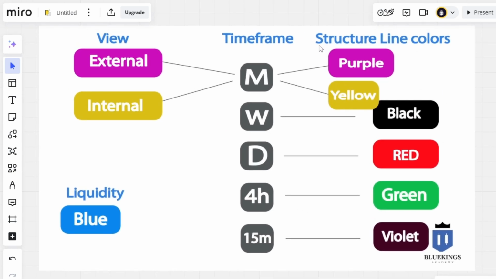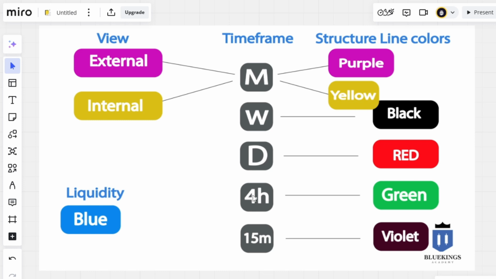So right now, as you can see in this diagram, these are the time frames: monthly, weekly, daily, 4 hours, 15. Now I told you that in this mapping structure, you're going to mark every time frame separately. Every time frame has its own structure, and that's why you're learning verified highs and strong lows and all that.